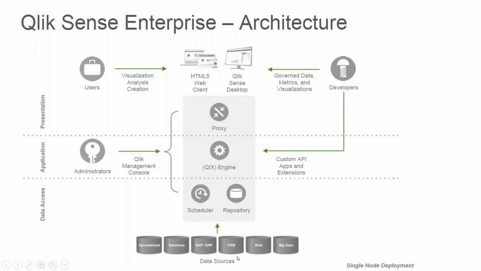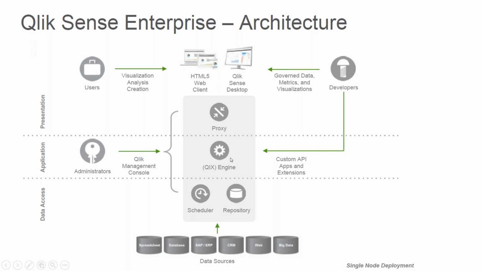Then there are multiple data access layers. In between, these are your different services which run at the back end. We'll discuss the services. When you load data, a developer works on his local desktop or on the web browser in terms of Qlik Sense.